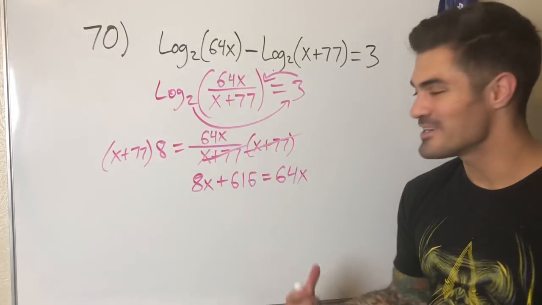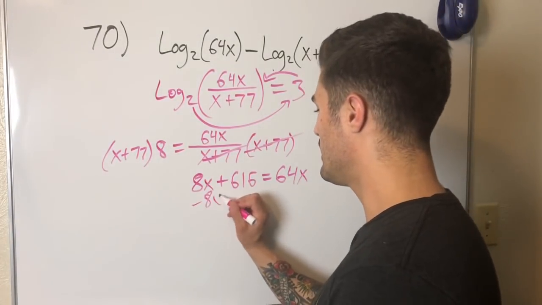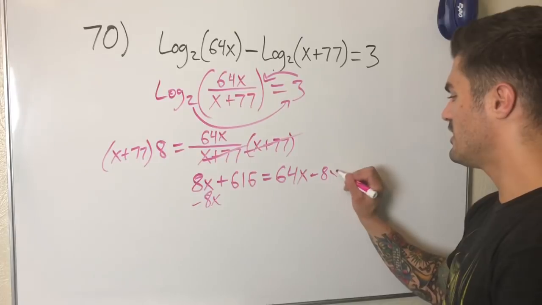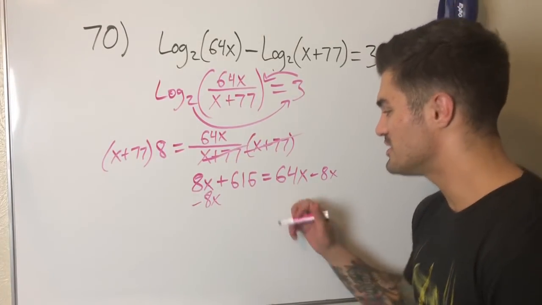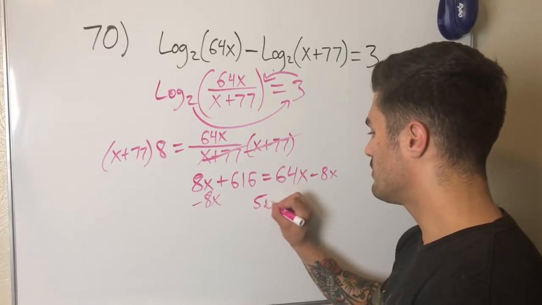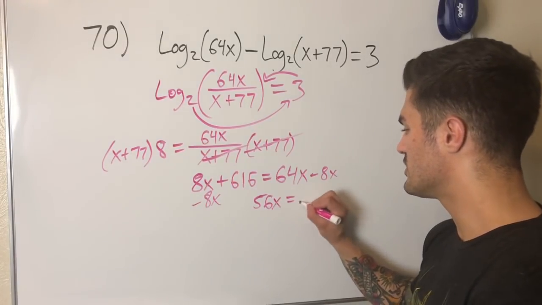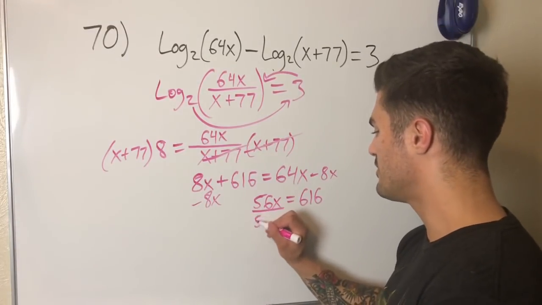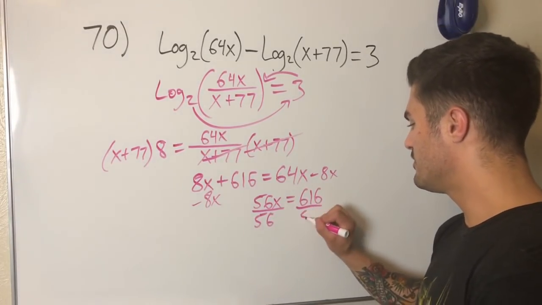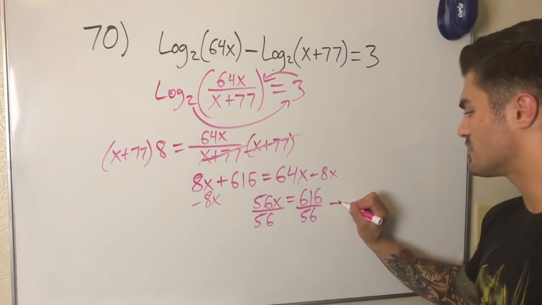So now if I subtract 8x from both sides, minus 8x, what do I end up with? 64 minus 8 gives me 56x. So I get 56x equals 616. And if I divide both sides by 56, then I get x equals 11.